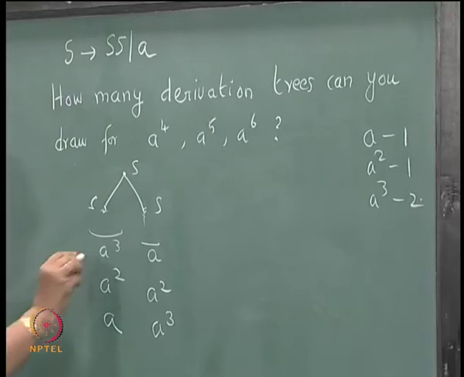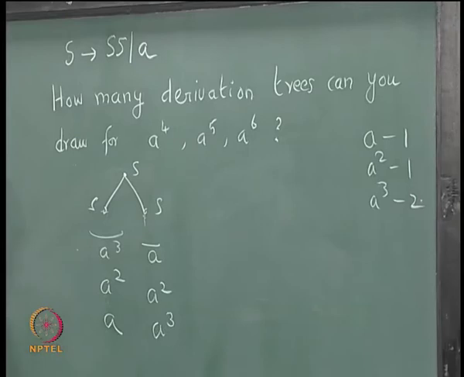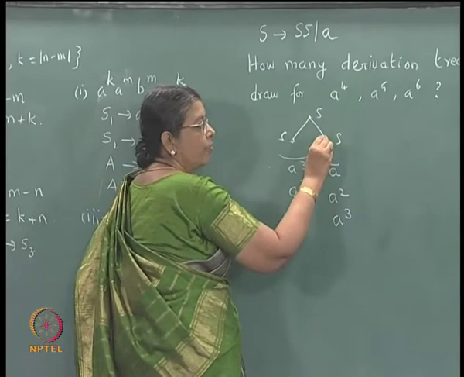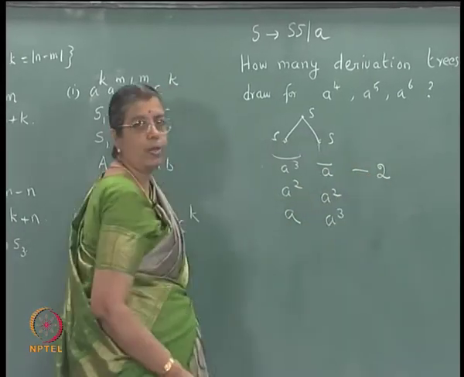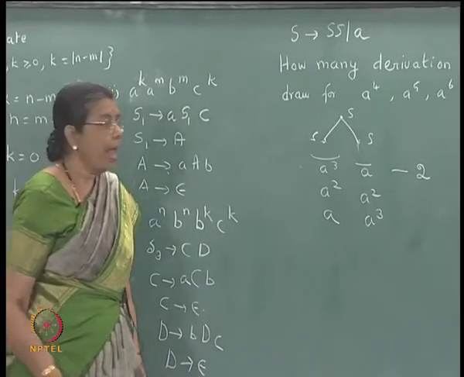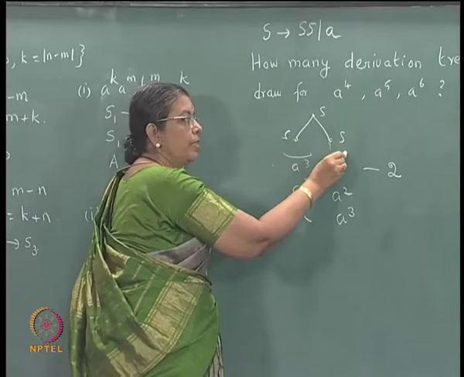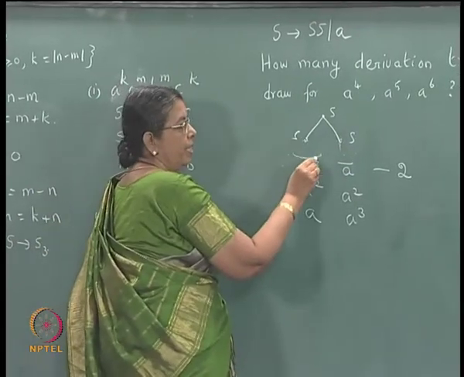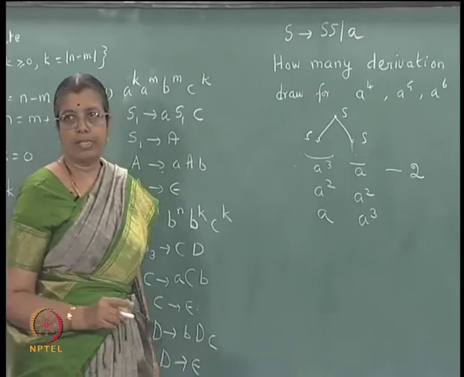Now, if you use this possibility, this A cubed itself can be generated in two ways. So, when you want to generate A cubed from this S and A from this S, of course, this can be generated in only one way. So, this gives rise to two derivation trees. And when you want to generate A squared from this and A squared from this, there is only one possibility.